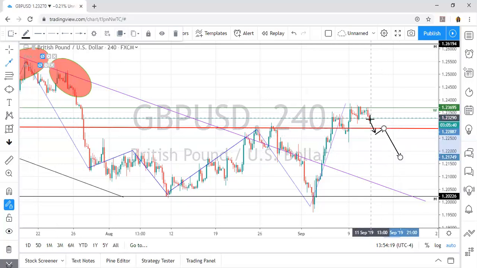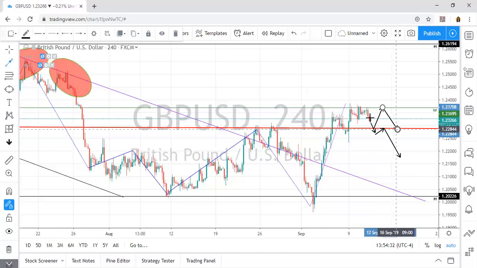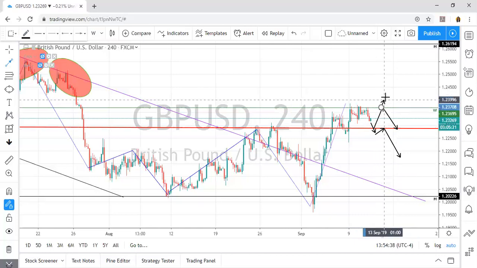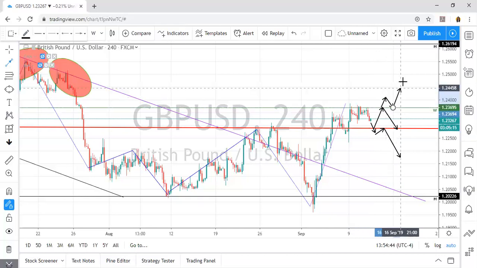Or the market can come to the red line, that key level, come back and come down. Or the market can come to the red line, close above the weekly key level, retest it, and continue to go up.